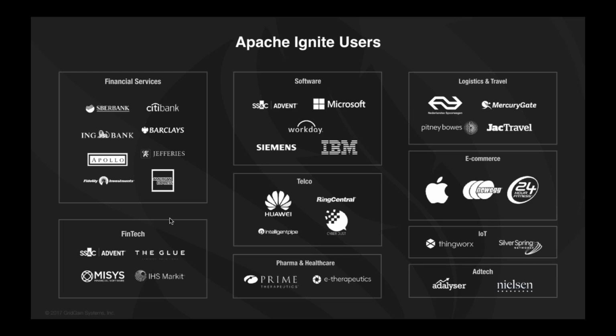If you take a look at this diagram, Apache Ignite is used in a variety of segments and markets like financial services, software, telco, logistics, and travel. But at the same time, there are use cases from the IoT. To my knowledge, there are at least 2 customers that use Apache Ignite in IoT deployments. The first one is ThingWorx, and the second one is Silver Spring Networks.